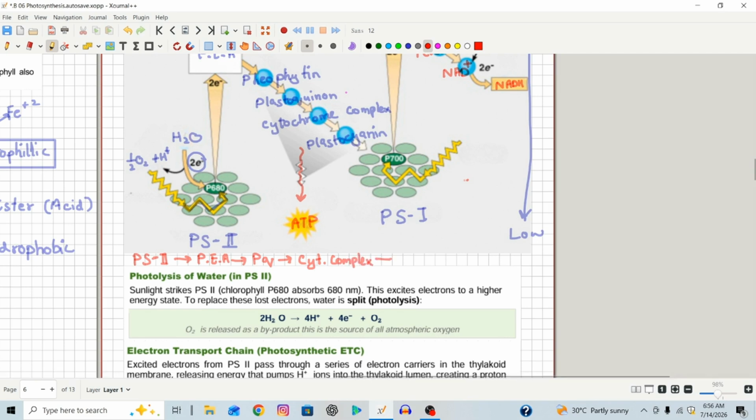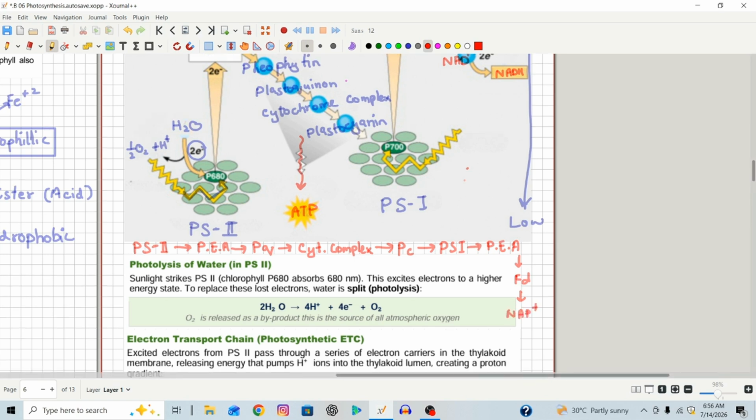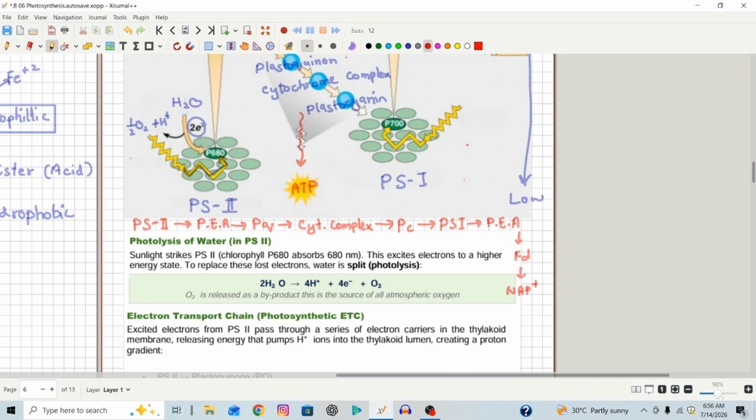After the cytochrome complex, the electron will move toward plastocyanin, and after plastocyanin it will go towards photosystem 1, and after photosystem 1, where will it go? It will go towards the primary electron acceptor, and after that towards ferredoxin, right? And after ferredoxin it will go towards NADP positive, and NADP positive will be converted into NADPH, right?